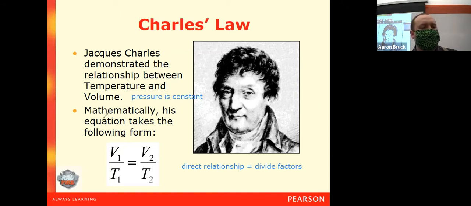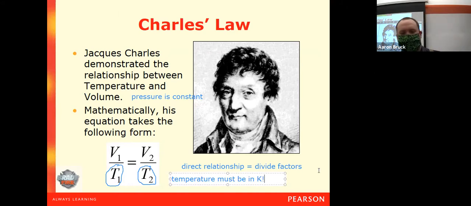One important wrinkle here: these temperatures have to be absolute temperatures. So the temperature must be in Kelvin. One of the reasons why we are teaching you about Kelvin is this.